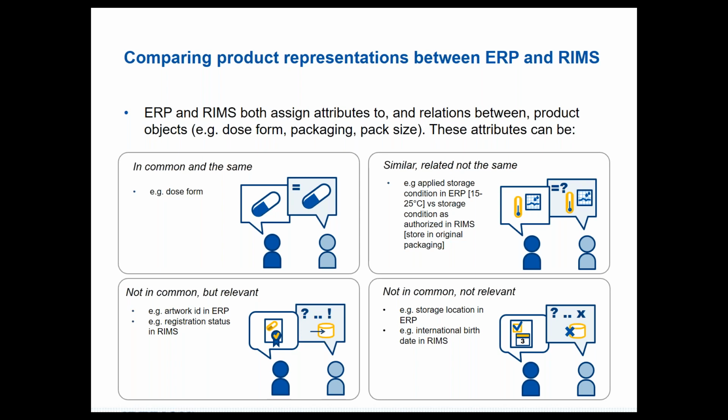A typical example could be that you have the authorized value of something in your RIM system, while in your ERP system you might have the actual value. You can already see that between these two values, there's a question of, are we still in compliance? Or do we need to change our dossier to match what is happening in the real world?